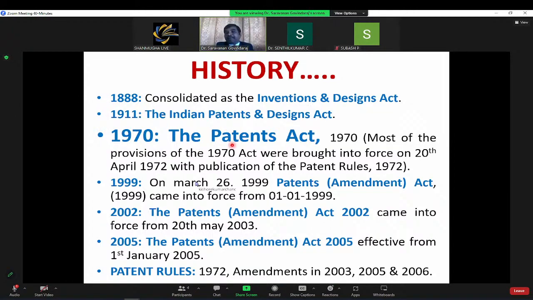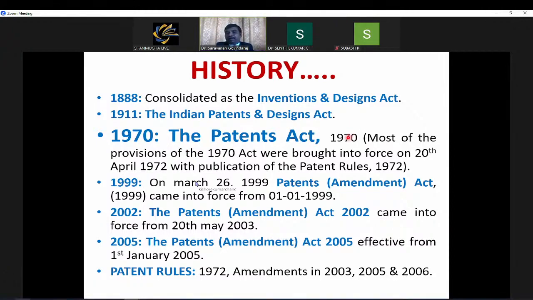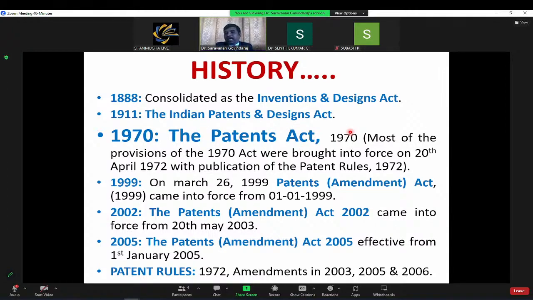And after independence, approximately 25 years after independence, the Indian Patent Act was established. And that particular act came into force 2 years after its enactment. From 1972, the Patents Act of India came into force.